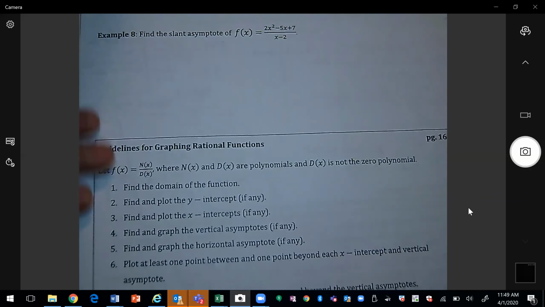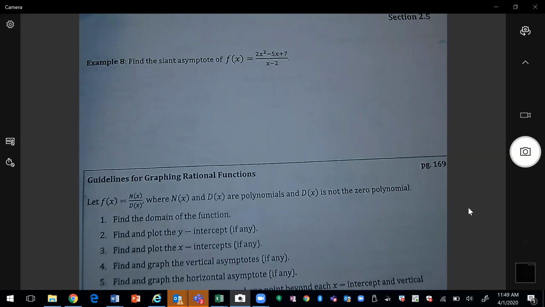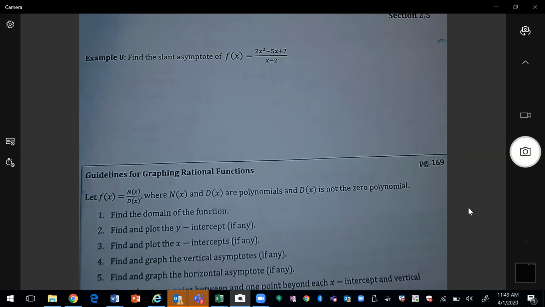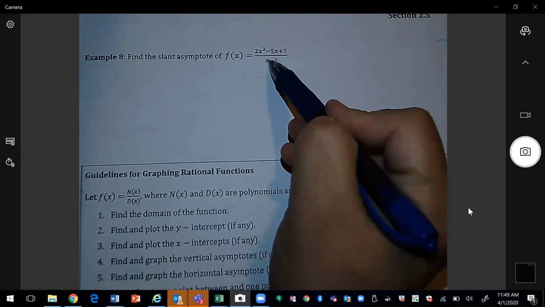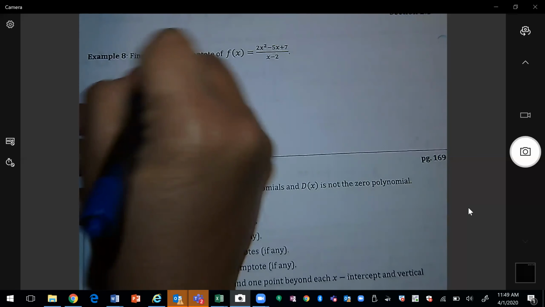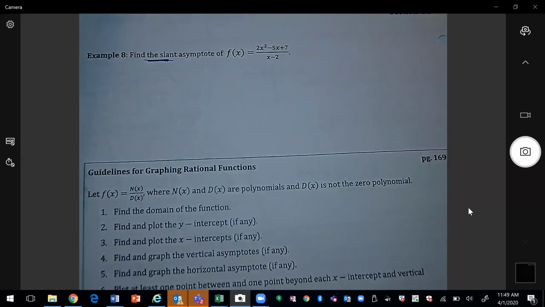Okay. So here we have find the slant asymptote. If you notice, the degree was a 2 and the degree was a 1. And so the 2 is one more than the denominator. That's why we have a slant asymptote. So now they want us to actually find it.